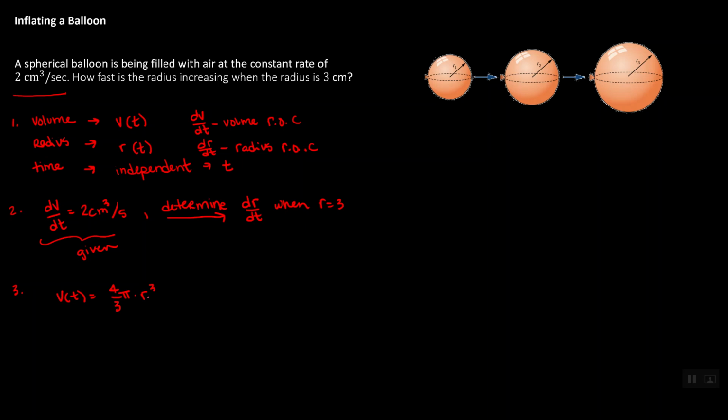And since radius is a function of time, I'm going to rewrite this r cubed as parentheses r of t cubed so that we can remember both volume and radius are a function of time. And then we're ready to move on to step 4. Step 4 says to take the derivative with respect to our independent variable, which is time. So we will take the derivative of both sides with respect to time.